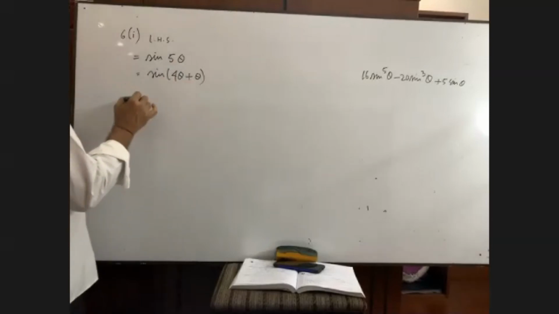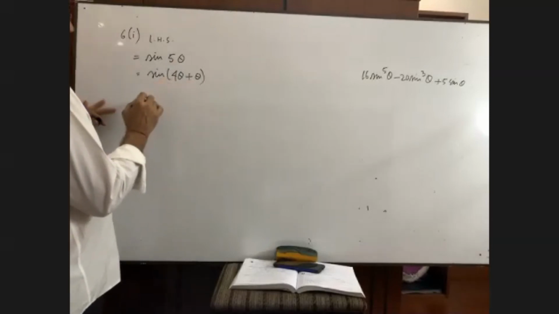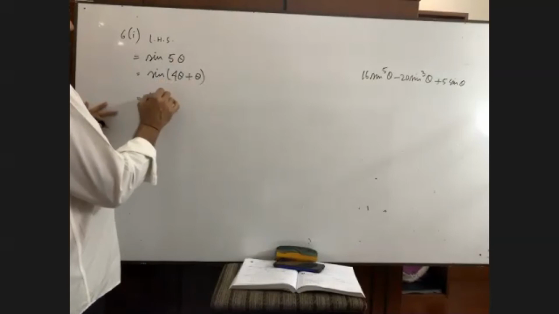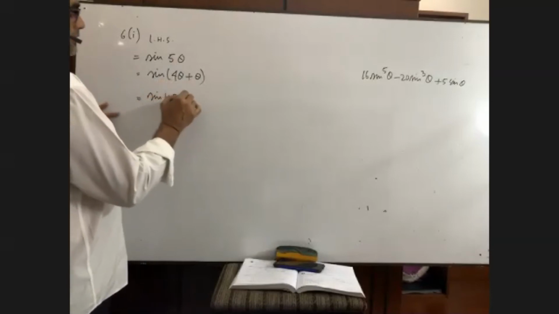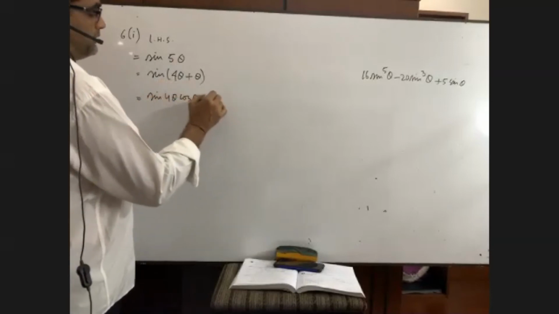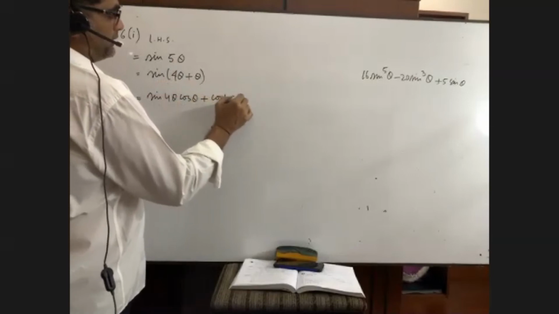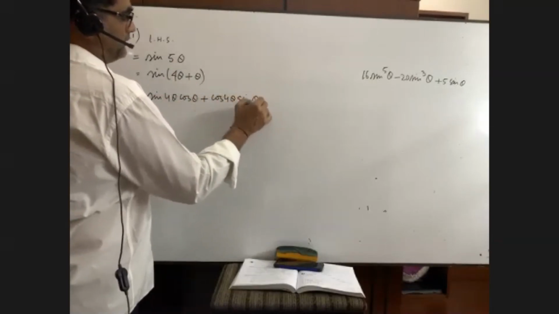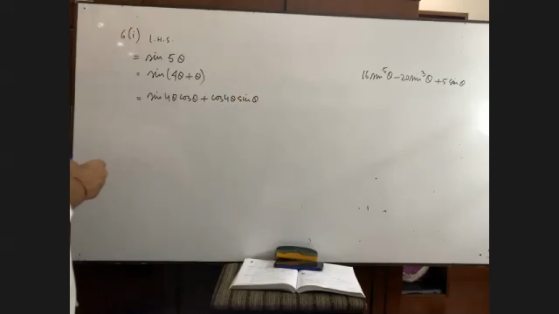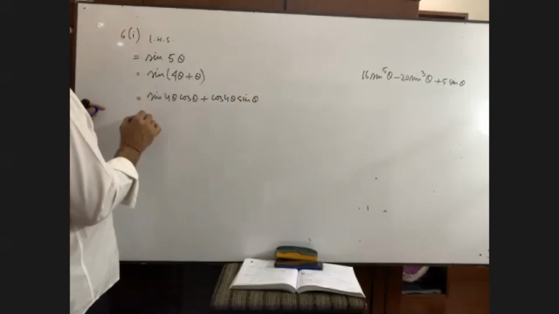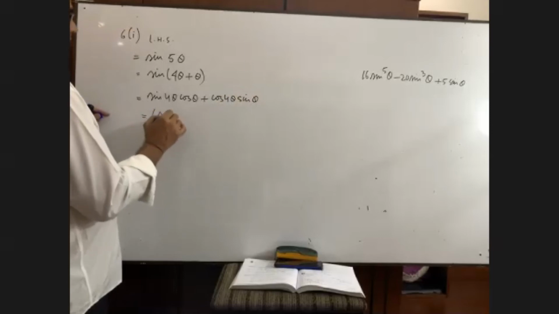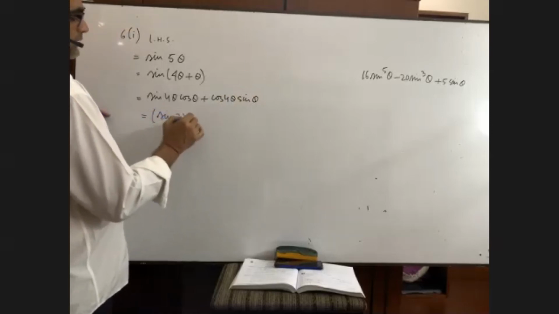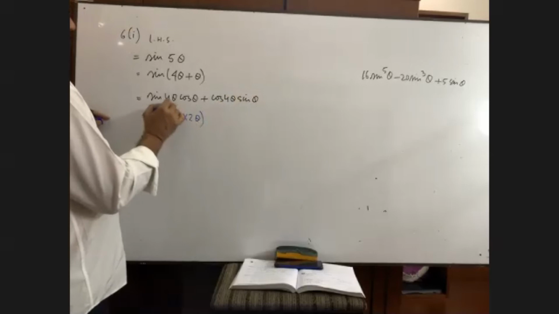Okay. Yes sir. Now, sine of A plus B, formula number 1. Sine A cos B plus cos A sin B, right? It is a formula. Yes sir. Now, sine 4 theta can be written sine 2 into 2 theta.